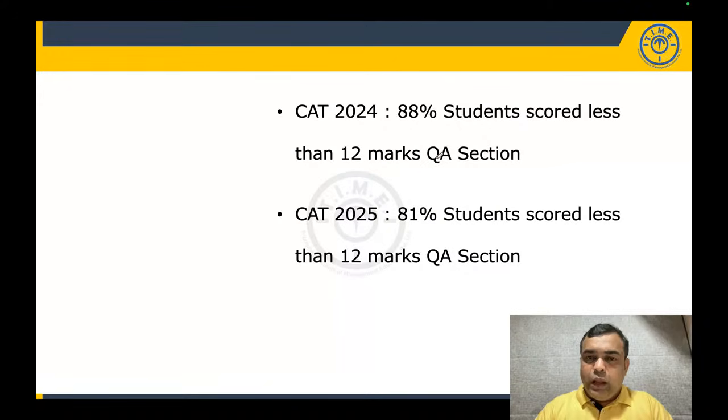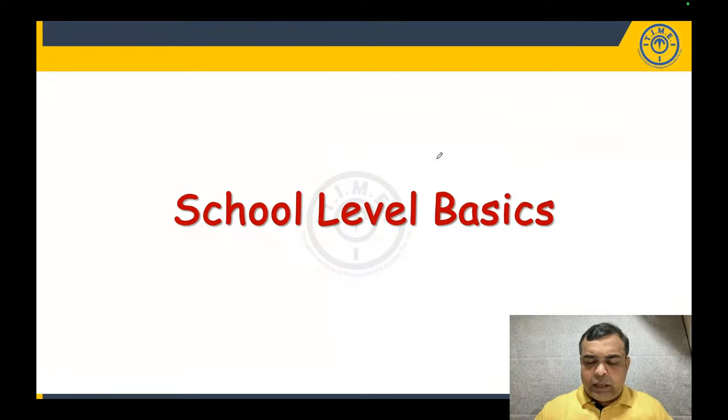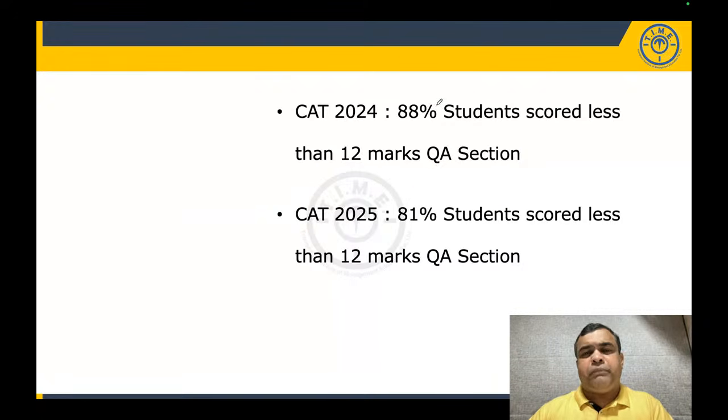Fine. Now I will come back to that Quant part. But let me tell you, I have been training students for more than 20 years. My observation is that the quality of students in terms of knowing school level basics is slightly going down. For example, out of 100 students, earlier I would say 20% were very weak in school basics.